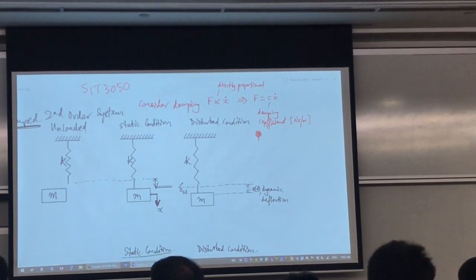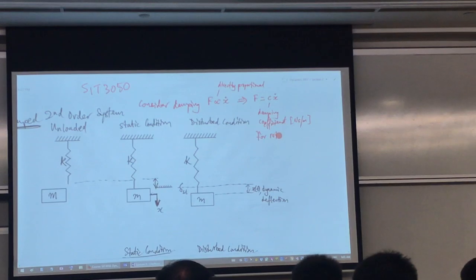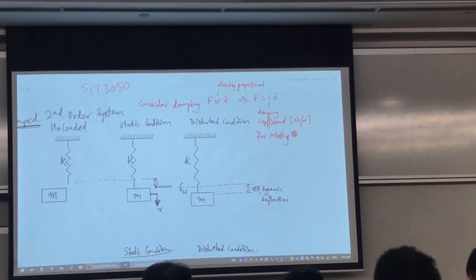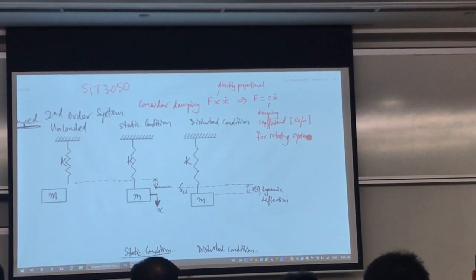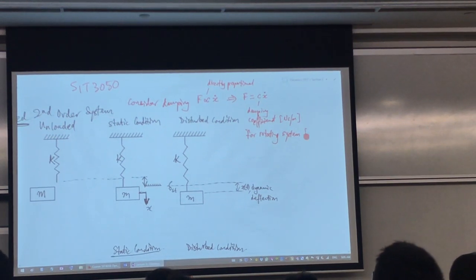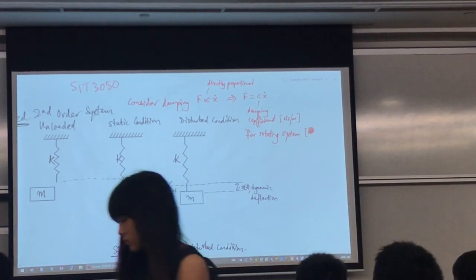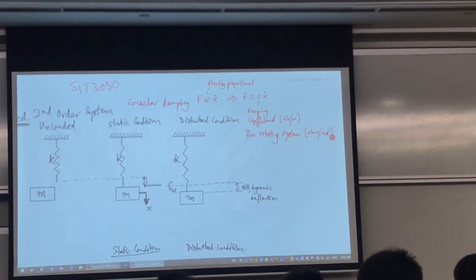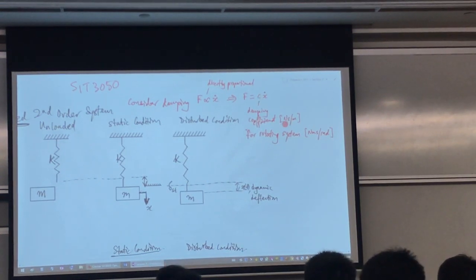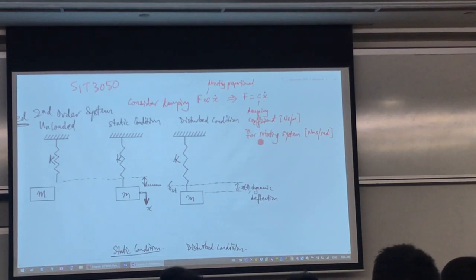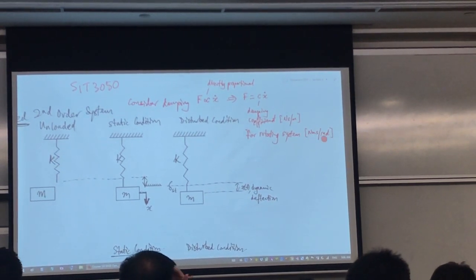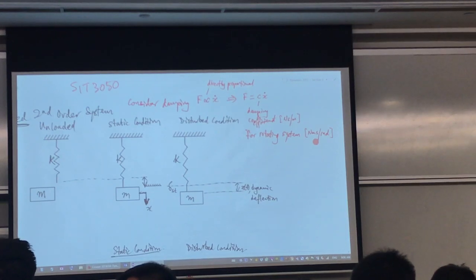For a rotating system, and later on there'll be an example to show you a rotary system, the units for that will be newton meters seconds per radian. So this is for a translational system, the units for damping coefficient. This is for a rotating system, the damping units will be given by this.